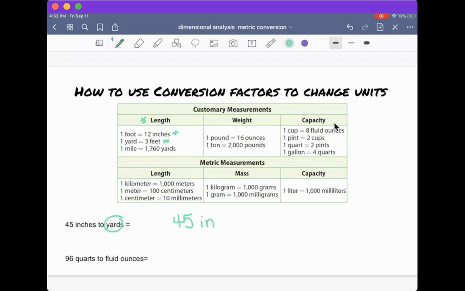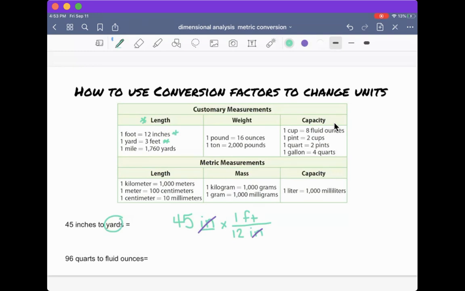All right, so to start off with, we see that inches is going to be our starting unit. So that means that our first fraction is going to have the inches unit in it. And because the inches is on top, we are going to set it up so that inches is on the bottom. So using the first equality there, I see it's 12 inches for every 1 foot. So what that does is that cancels out the inch and it leaves me in the foot.